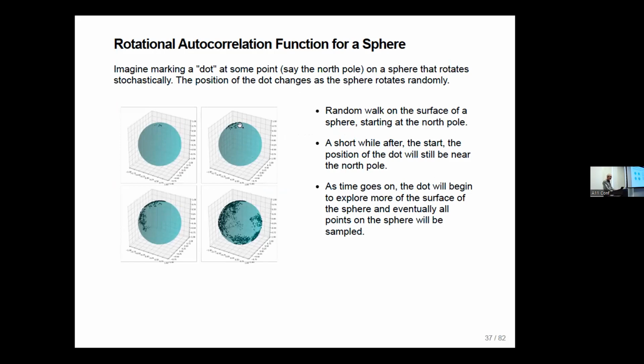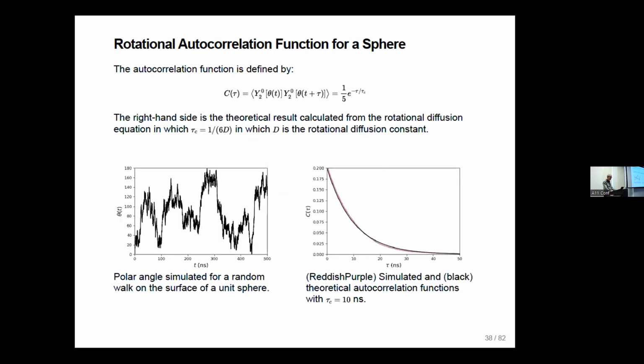After a short time, most of the dots are still near the North Pole, and then over time, the dots cover the whole sphere. The correlation function we're going to be interested in is going to be a correlation function of the spherical harmonics. Everything else in our fluctuating Z field were constants, right? They all come out of the average.